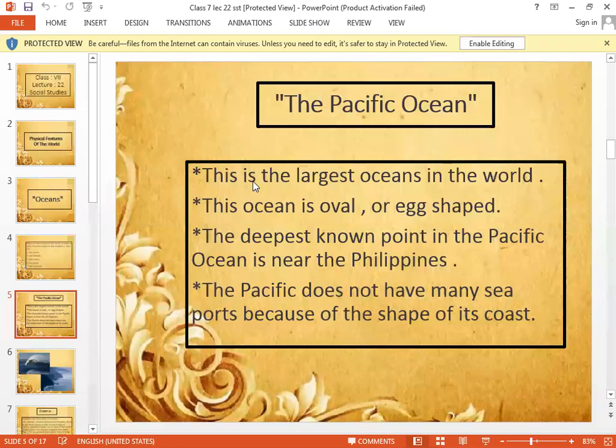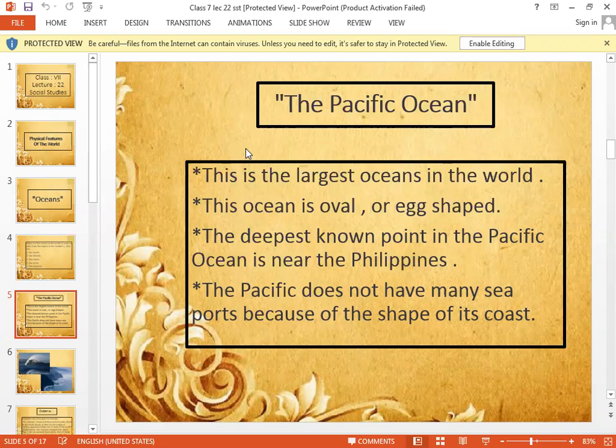So this ocean is a bridge, or you can say this ocean is the only source of connection through the sea between east and the west.